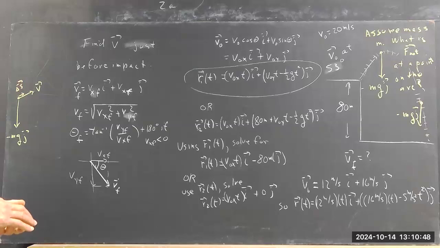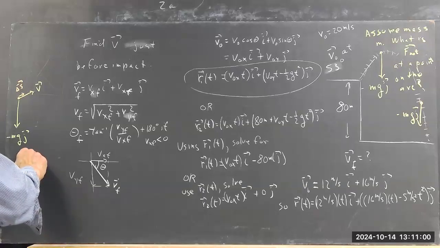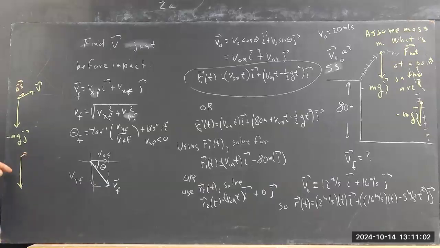You can get a handle on that change in energy by doing the dot product of these two vectors. Okay. And the dot product of these two vectors is actually the work done by gravity on the cannonball or whatever it is.